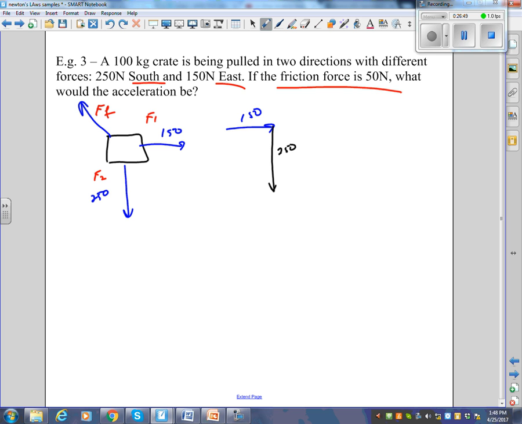150, 250 down. Now what? Where is the sum of that? From where you start to where you end, just like we did back in Unit 1. Tip to tail. There's the tip to tail. Remember, the final is supposed to be tip to tip, right?